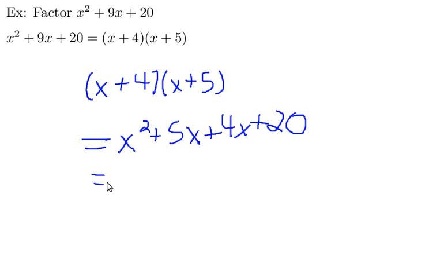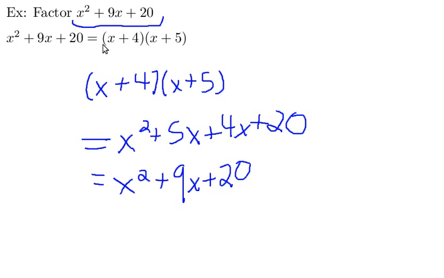And we can simplify that further to x squared plus 9x plus 20. And that is the same thing as the original problem. So that means this is going to be our final answer.